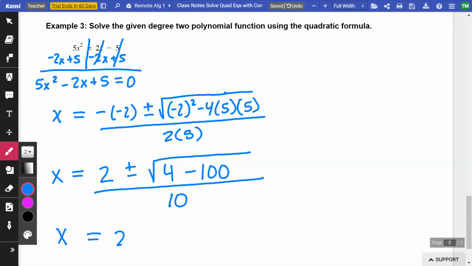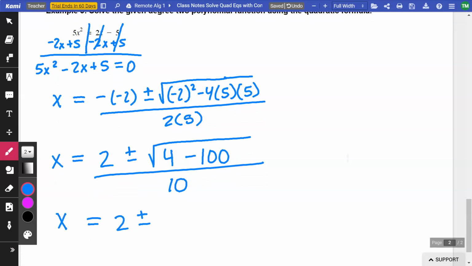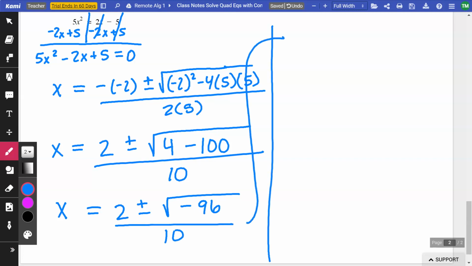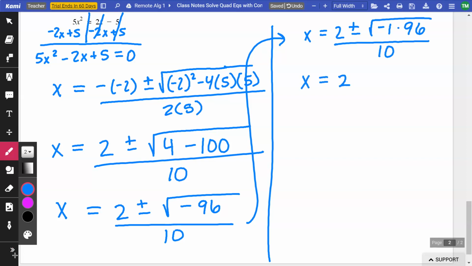So x is equal to 2 plus or minus the square root of negative 96 all over 10. We're going to rewrite that as x equals 2 plus or minus the square root of negative 1 times 96. Of course, we're going to replace that negative 1 with i squared.